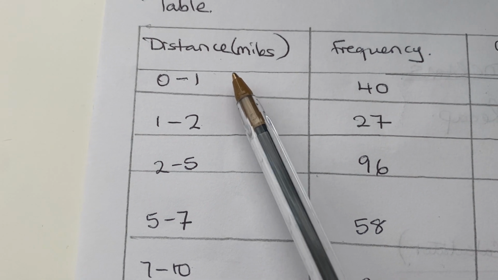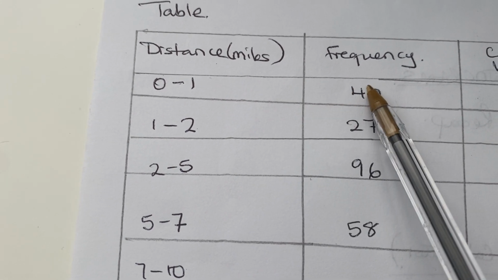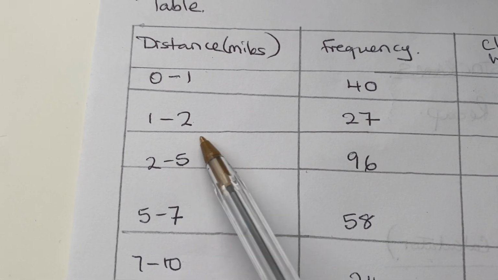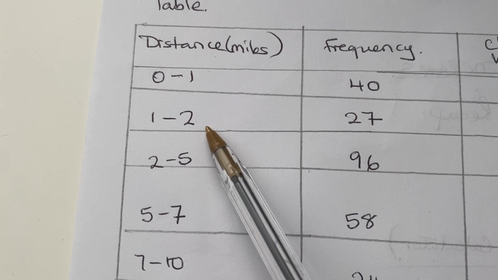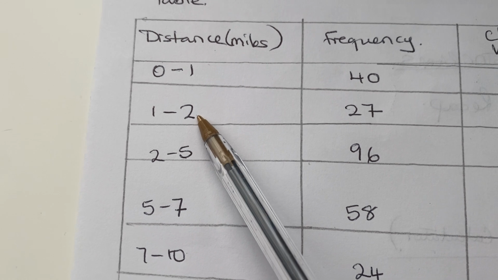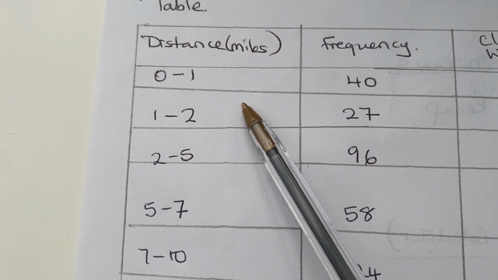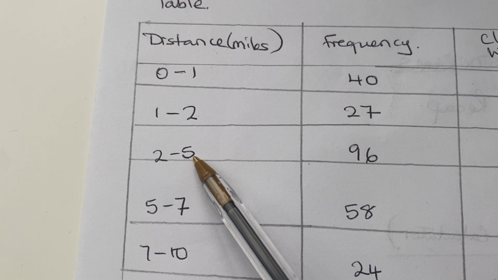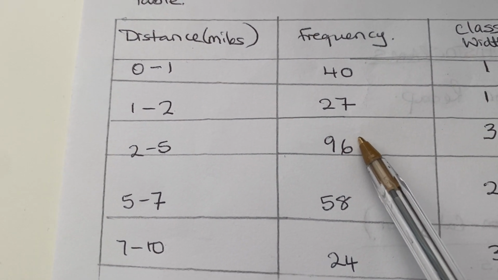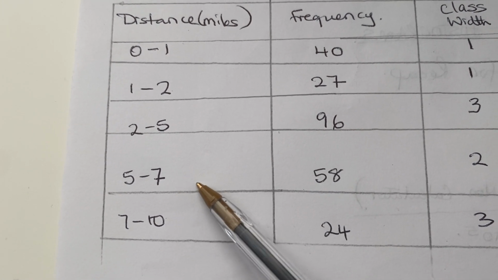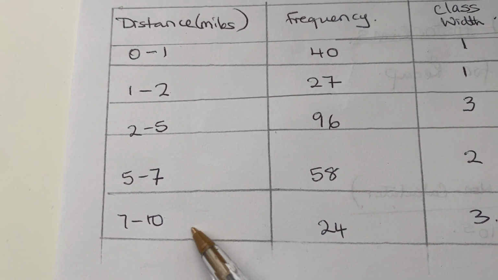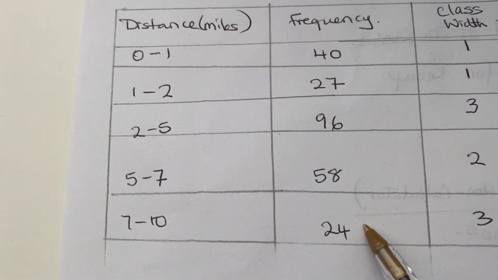So yeah, that is the 40 people. 1 to 2 miles, they've been doing it a while, so some can manage 2 miles, some can manage a mile or a little above a mile, so they came under that. 2 to 5 miles, these people have really been doing it every week, so they are good at it. 5 to 7 miles, wow, 58 of them. 7 to 10 miles, 24 of them.